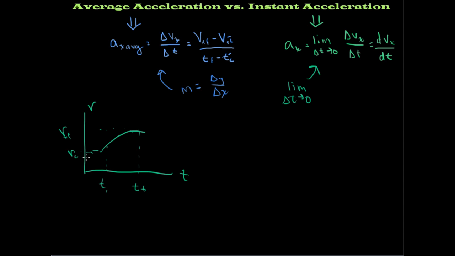So if you want to find the slope of the line going through these points, that would simply be your change in velocity over your change in time.